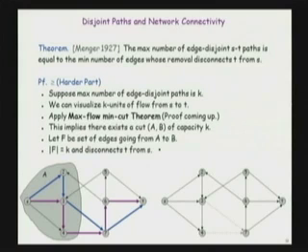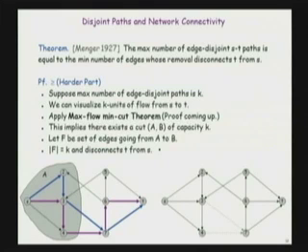So let's see why that's true. Suppose the maximum number of disjoint paths is k. What we could do is visualize those k paths as each sending one unit of flow. Think about this as a data network, and you could think about each disjoint path as having some flow of data, one unit of flow on each path. So that's the way we're going to be thinking about these things, as flow through a network.